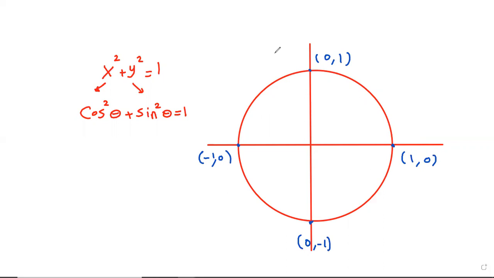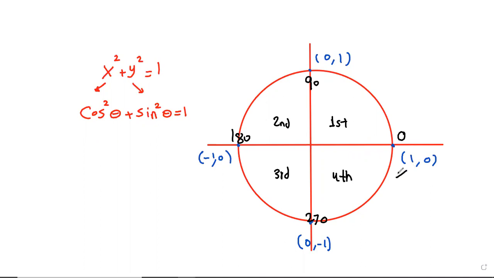And this angle is 0, and this angle is 90, and this angle 180, 270. And this is the first quadrant, second quadrant, third quadrant, and fourth quadrant.